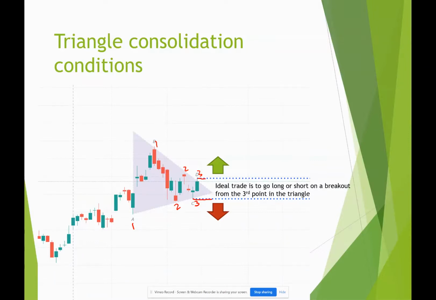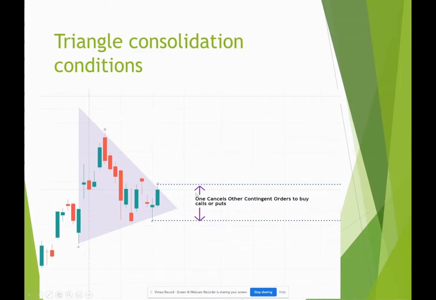So the general way to do this is you put in what's called a one cancels other contingent order to buy calls or puts. You put an order contingent on, let's just say that's 105, and let's just say that's 95. You put a contingent order to buy calls if this particular stock reaches 105.